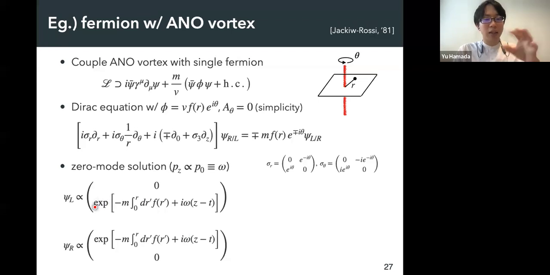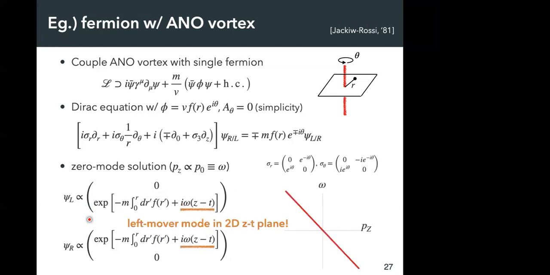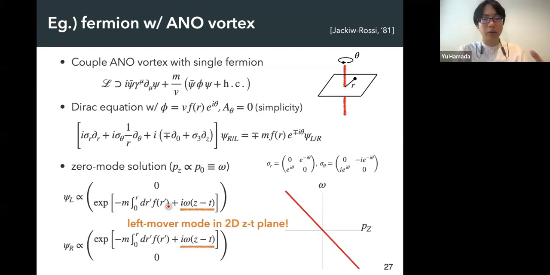We can see that both the left and right-handed spinors have non-zero components here, and both of them describe one propagating mode along the string, for example a left mover mode. In the two-dimensional sense this is a left mover mode, but it comes from both the left-handed and right-handed spinors in the four-dimensional sense.